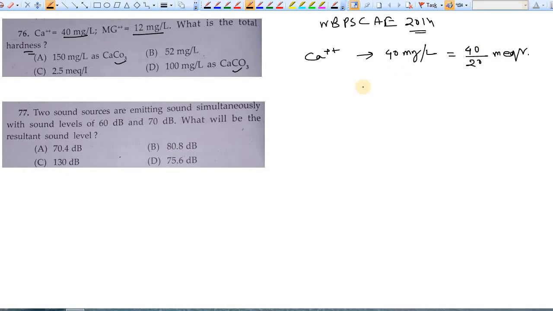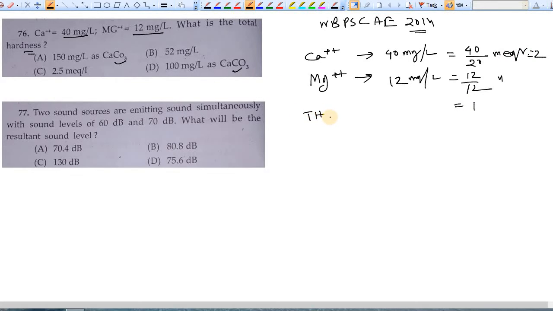Similarly, we can express Mg ion in terms of milli equivalent by dividing 12 mg per liter by 12. So this is coming as 1 and this is coming as 2.